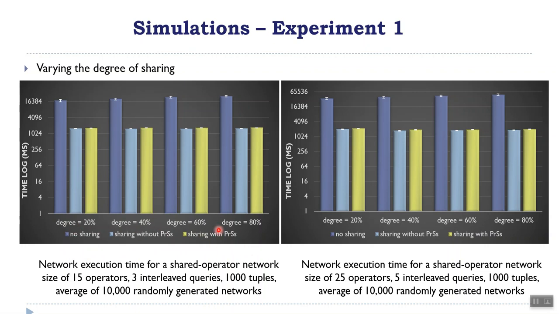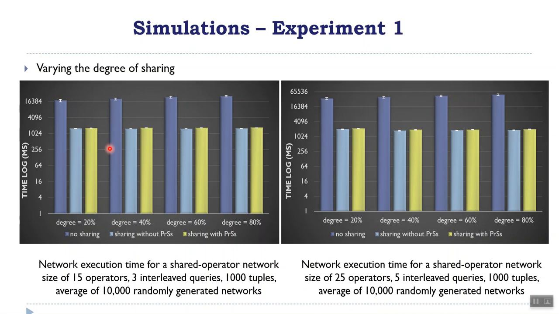We varied the degree of sharing by running the networks multiple times. We have two different setups of networks here. One consists of 15 operators and 3 interleaved queries, and the one to the right has 25 operators and 5 interleaved queries.